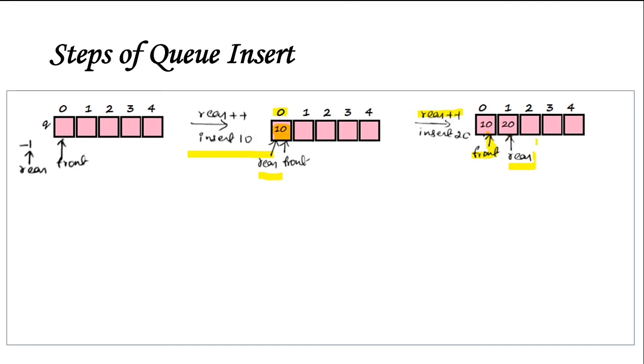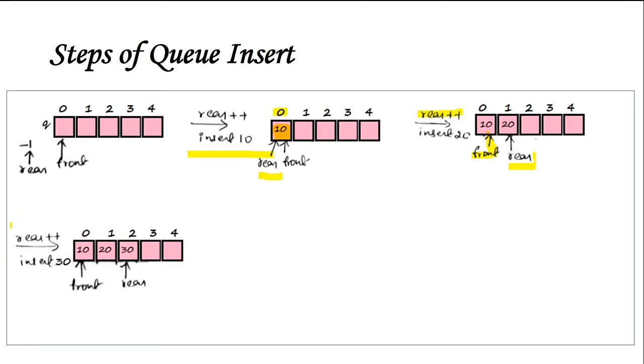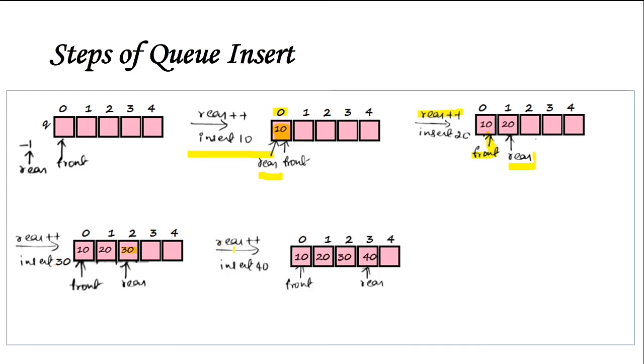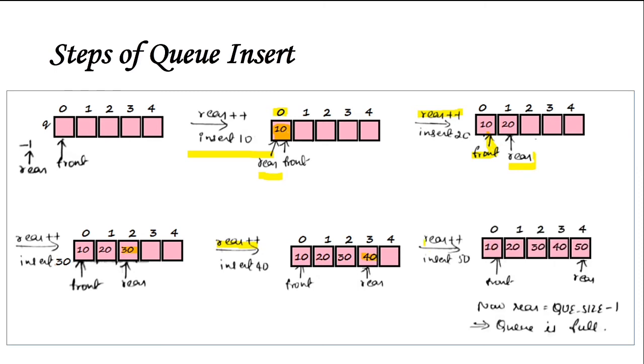Now after this, once again if I want to insert, then increment rear by 1, insert the element. Once again increment rear by 1, insert the element. Increment rear by 1, insert the element. Now in this position you can see the queue is full. There is no extra space in the queue because we have the maximum size of the queue as 5.